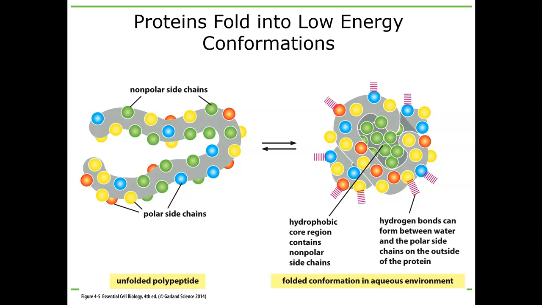Those are going to be pulled together, and we're going to create this globular structure with the more charged compounds or side groups pointing out, so that they can have intermolecular force interactions or hydrogen bonding with some of the water on the outside surface. And so this is the folded protein versus the unfolded peptide.